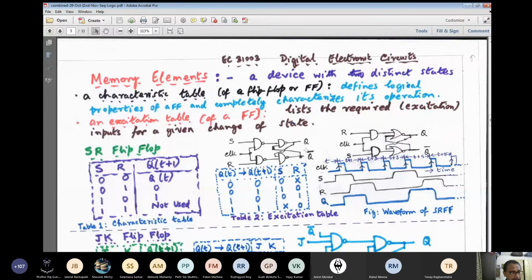Here we show in table 1 the characteristic table, or the function table, of the SR flip-flop. It defines the logical properties. That means if these are the excitation inputs, what will be the resulting state. Note that here we have written S R with the time argument T. On the output side, we have written Q of T plus 1, that means the next state.